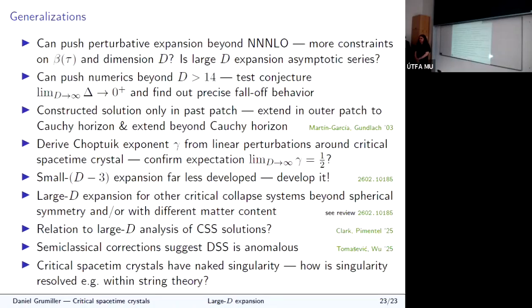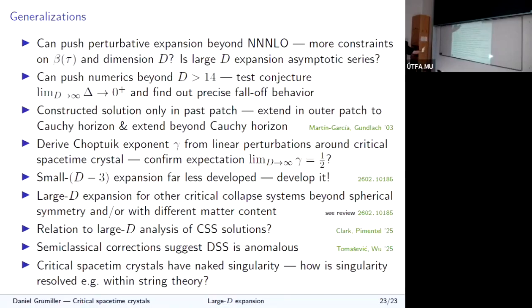Since string theory says that the maximum spacetime dimension can be 10, how does this large D analysis fit in? Sure. The way I think about large D, even though it's an analogy, is that it's similar to the large N limit in Yang-Mills. If you're interested in QCD, then you may doubt whether large N is useful because 3 is really not a large number, but for some observables, it turns out to be useful to get a large N approximation.